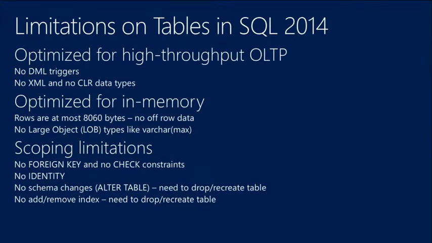Schema changes and add or remove index are also not supported. If you want to change the schema of your table, by for example adding a column or changing a data type, or you want to add or remove an index, you will need to drop and recreate the table. These are limitations in SQL Server 2014. Of course, in the future, we will definitely remove some of these limitations, but this is what we have for now.